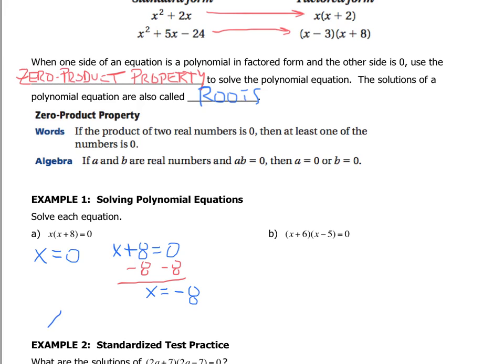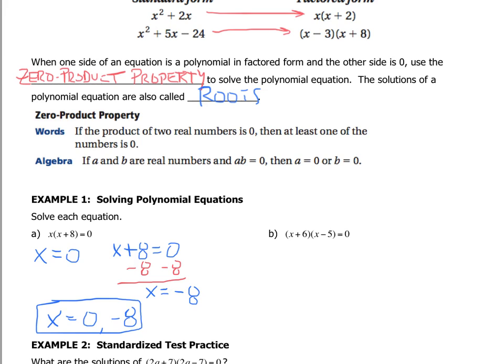So our solutions to that equation are 0 and negative 8. There are two solutions that will make that equation work. If I plug in 0, 0 times 8 is 0. If I plug in negative 8, I would get negative 8 times 0, which is still 0. So we have two answers.